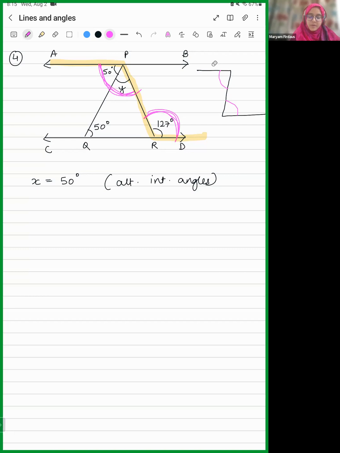Now tell me which two angles will be equal. Angle PRD and angle what? APR, yes. So APR is equal to what? What is the value of APR? Is there something written over here or not?